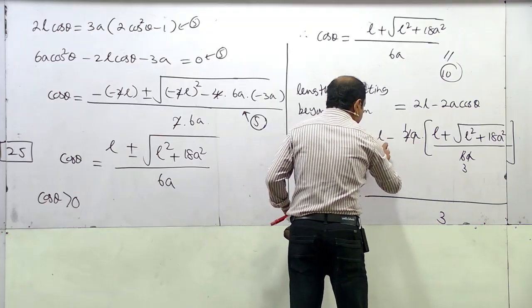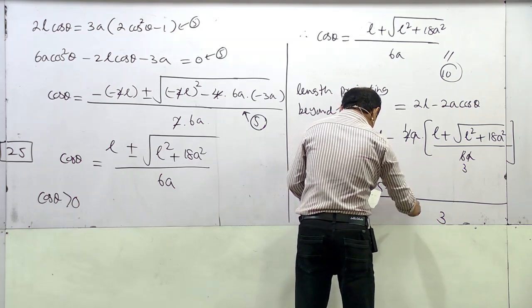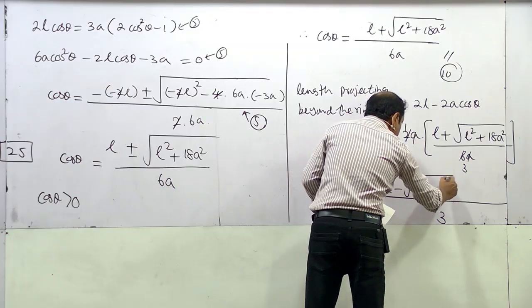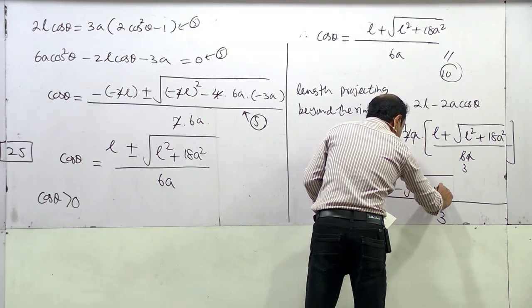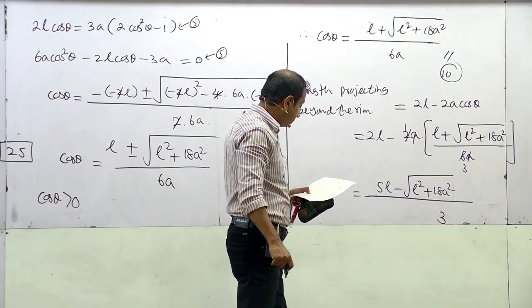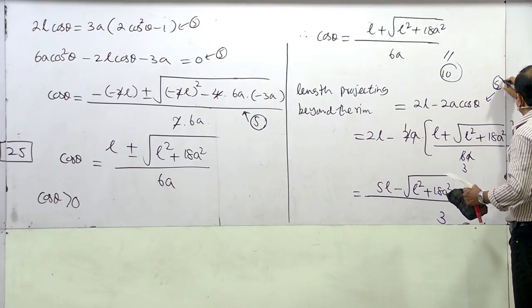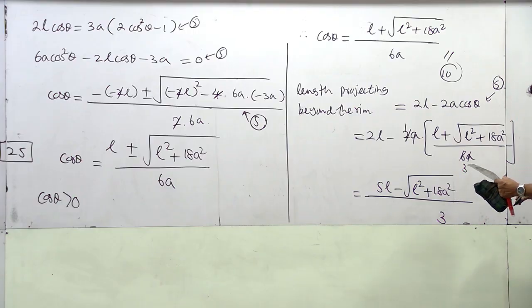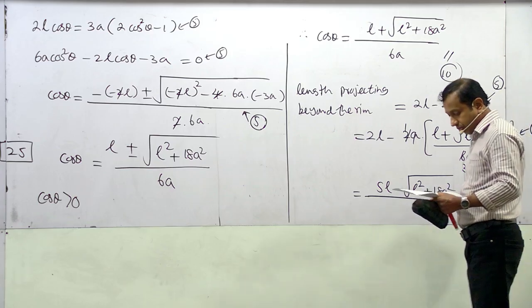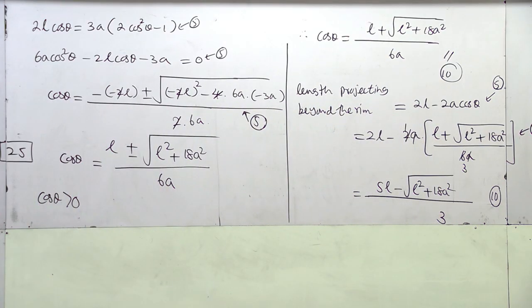This 3 comes here: 6L minus L, 5L coming, minus that square root of L squared plus 18A squared. This way we get that. Right, so for this we get 5 marks. Substitute in here 5 marks and the final answer 10 marks coming. Right. Last question next.